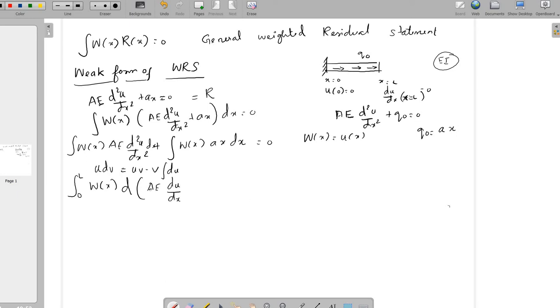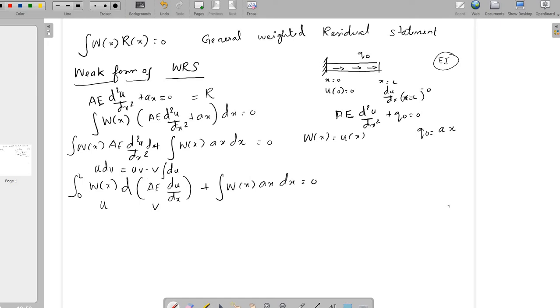The derivative of this component will give AE d square u by dx square. So it is in the form of u and dv plus integration of W(x) Ax dx equal to 0.